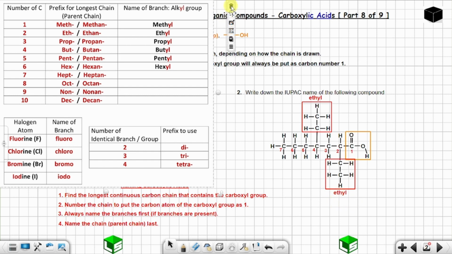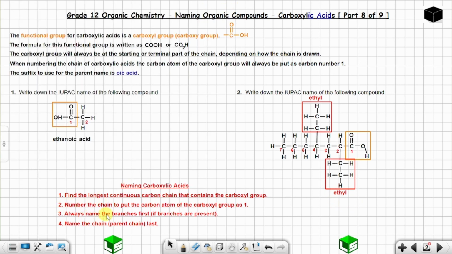After you are done numbering, you can start with the naming. Always name the branches first if branches are present. You have 2 branches: on carbon number 2 you have a branch, and on carbon number 4 you have a branch. So you are going to have 2, 4.